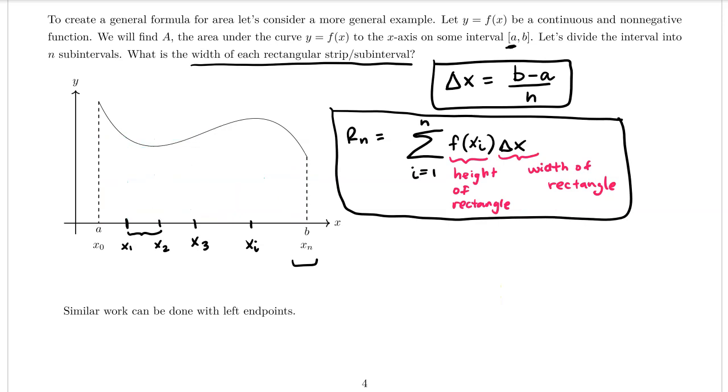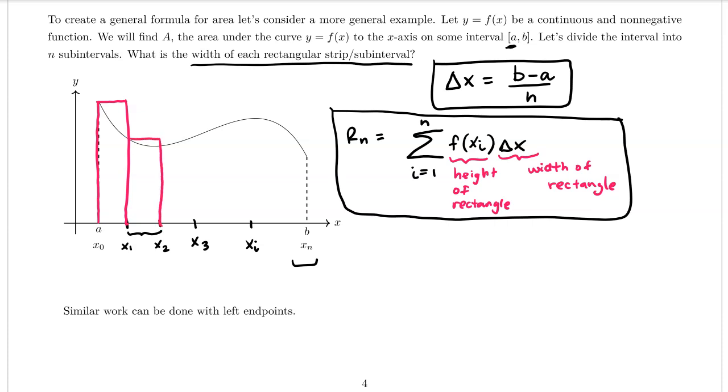Let's do a similar process very quickly to derive the formula for L sub n. So if I'm drawing my first rectangle, its height is going to be dictated by the very left endpoint, which in this case is x sub 0 or a. So that's going to be my first rectangle. And notice that was different than the first rectangle for r sub n. And then my next rectangle, its height would be dictated by x sub 1.